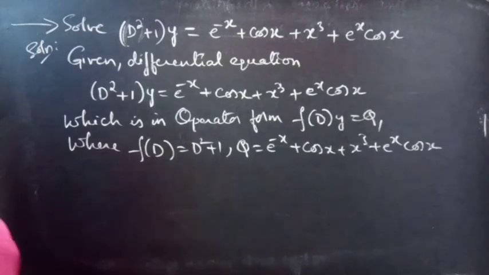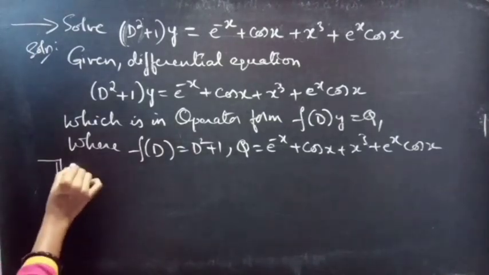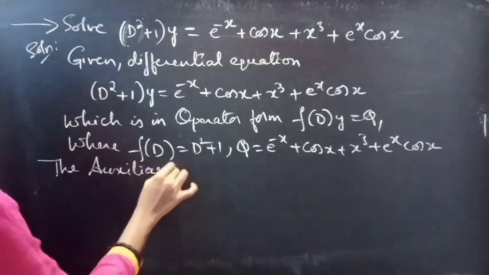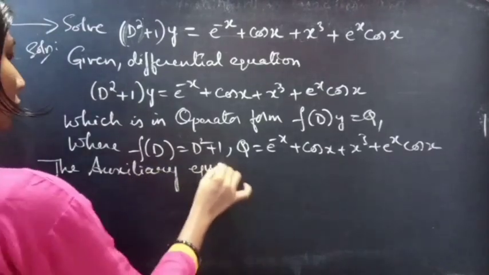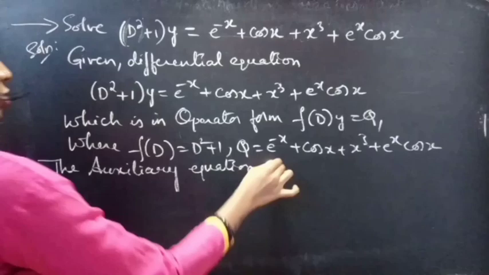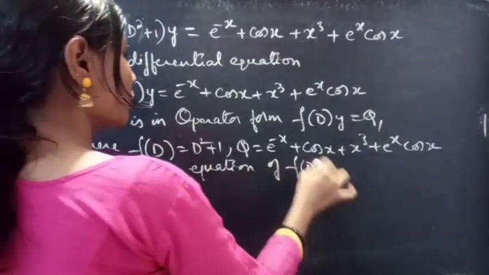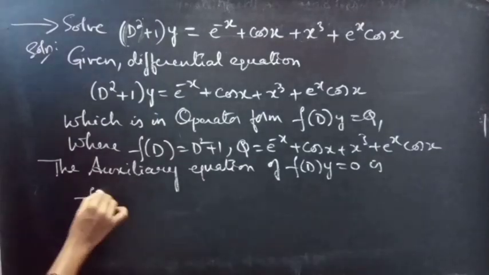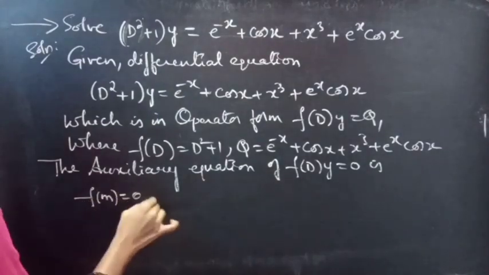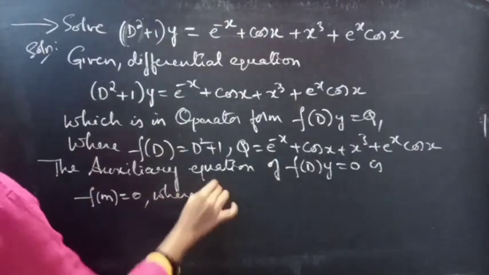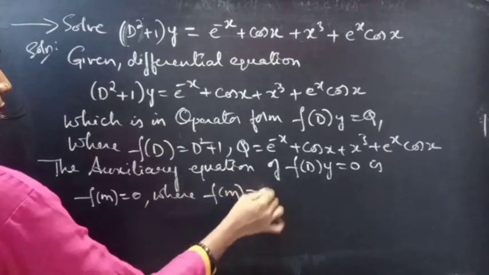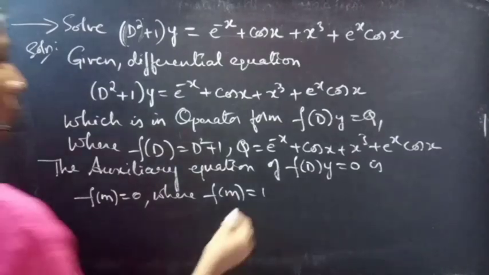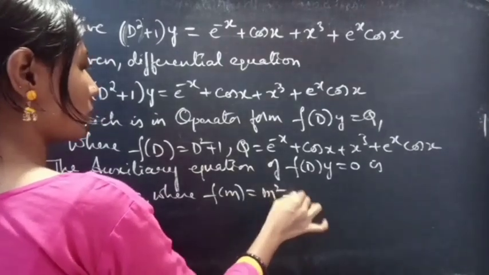Let's find yc using the auxiliary equation. The auxiliary equation of F(D) y equals 0 is F(m) equals 0, where F(m) equals, we have F(D) equals D square plus 1, so replace the differential operator with m, so that we'll get F(m) equals m square plus 1.